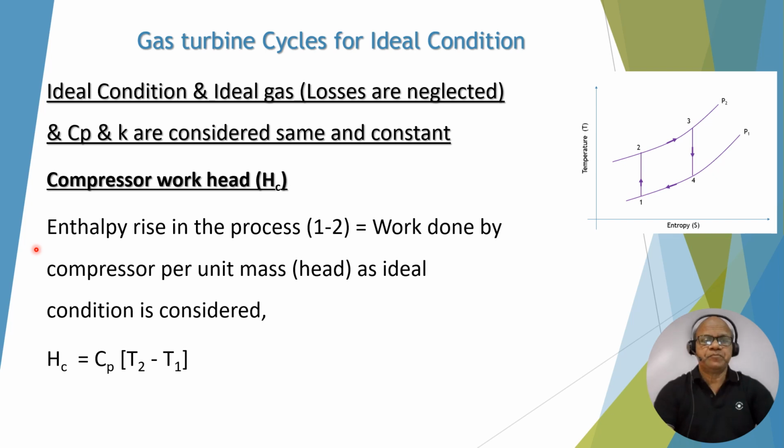That means the compressor work done per unit mass is equal to the work head of the compressor. For the ideal case we are considering, both are the same. HC is equal to Cp (T2 minus T1).